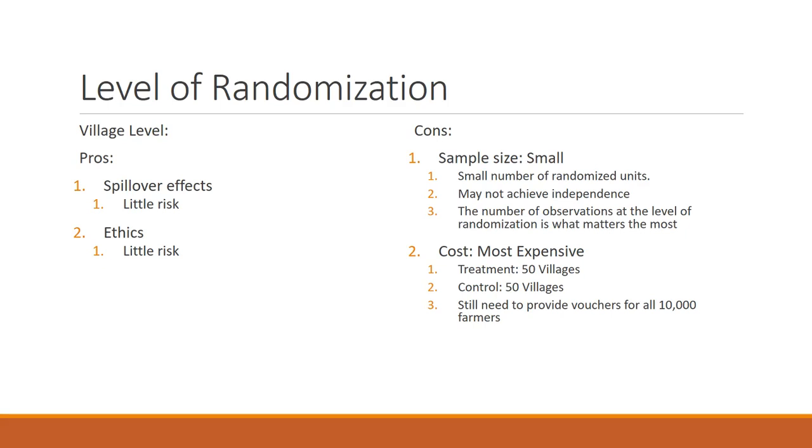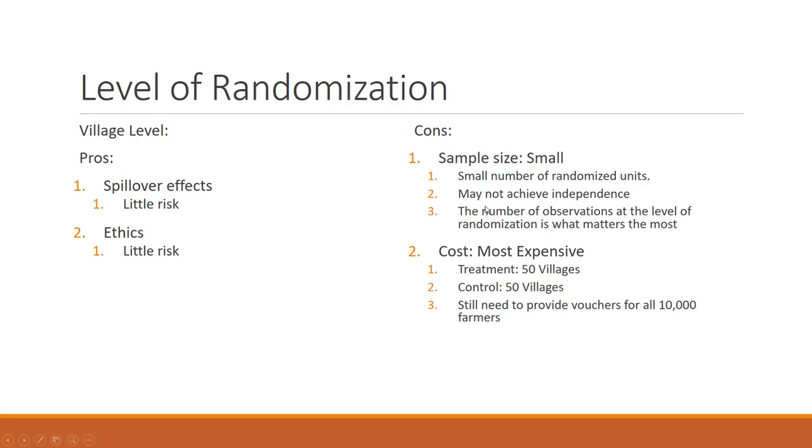For the same reason, it reduces the possibility for ethical problems. The treatment is not causing social conflict between the farmers that get the intervention and the farmers that don't. All right, so lower spillover effect risk and lower ethical concerns.